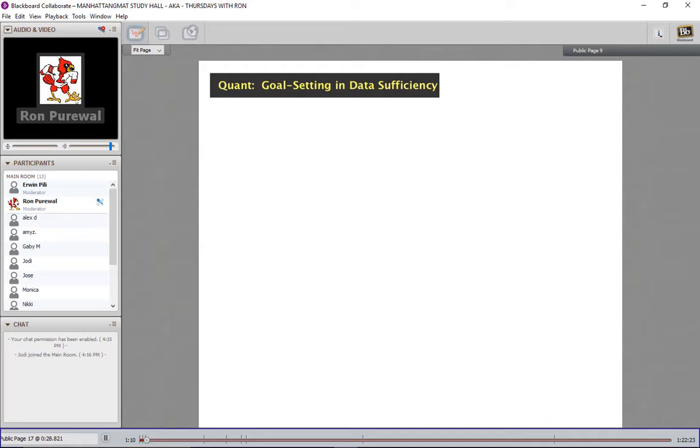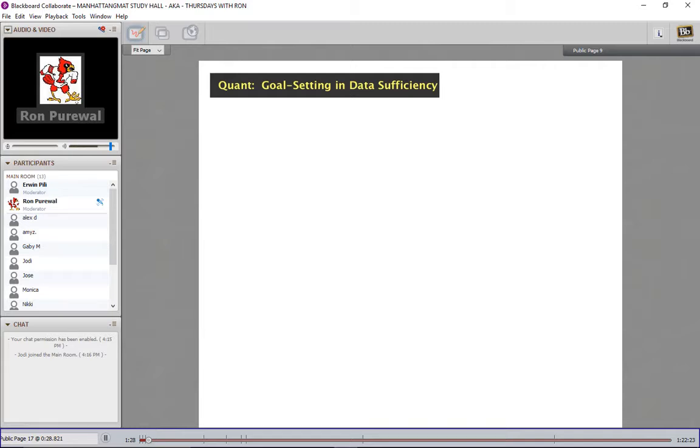If you don't know what those are, A, B, C, D, E, I can throw those onto the screen for you. Just let me know in the chat. Although we can't explain what sufficient and not sufficient are today. But at least if you need the choices, let me know. I'll put them on the screen.